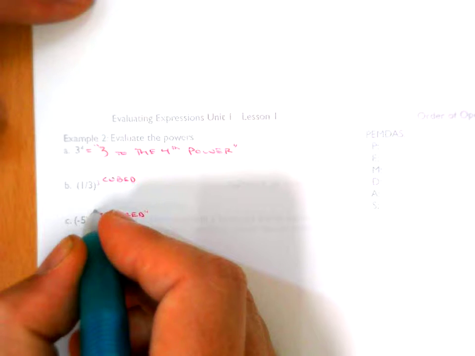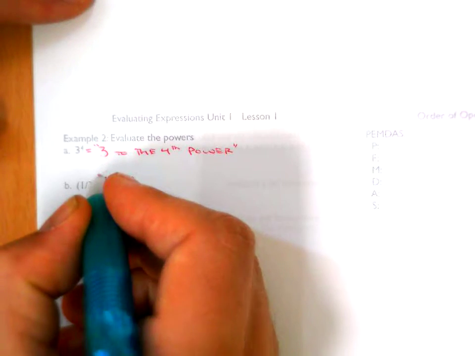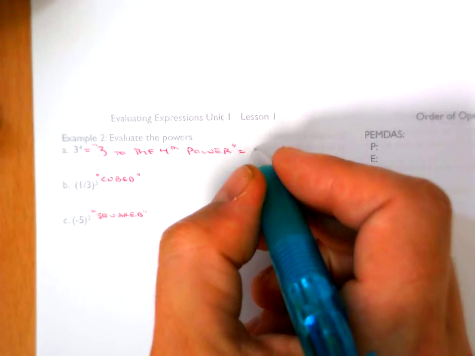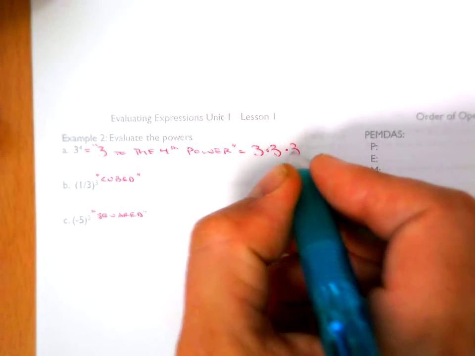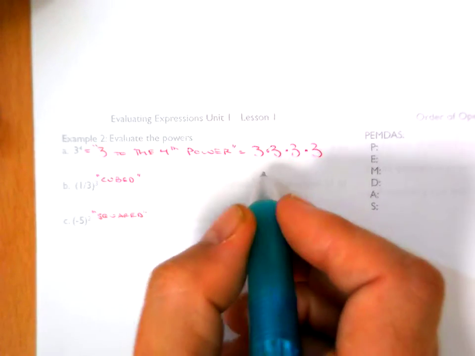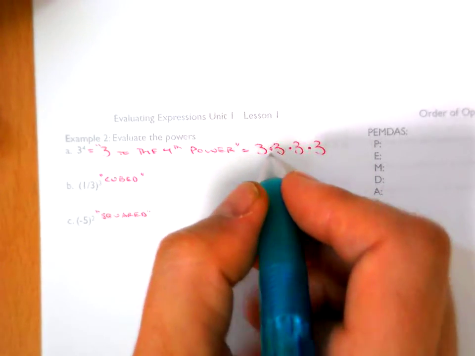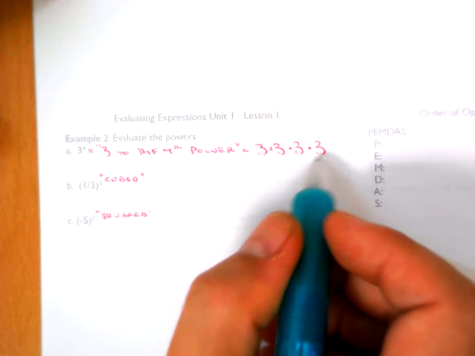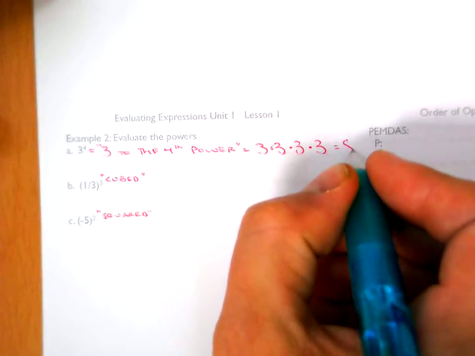So those are also phrases that you should be comfortable with. 3 to the 4th power, essentially what this means is it's like saying 3 four times. So 3 times 3 times 3 times 3, which would be, let's see, this would be 9, this would be 9, 9 times 9 is 81. So 3 to the 4th power is 81.